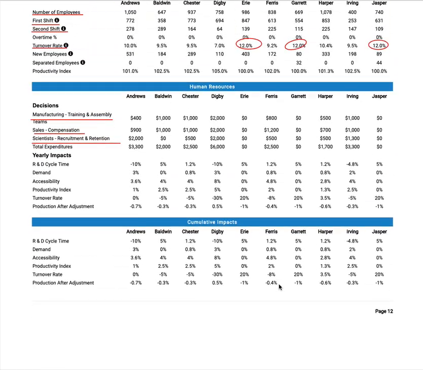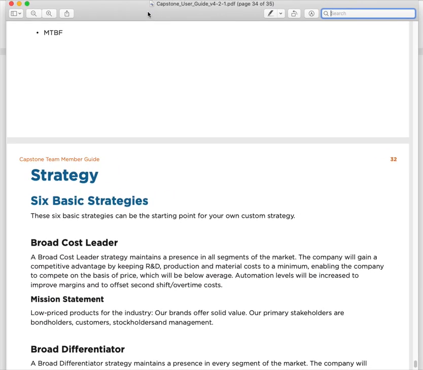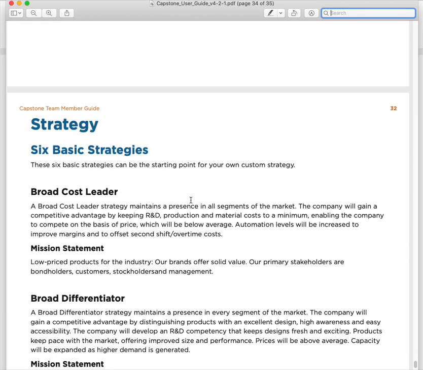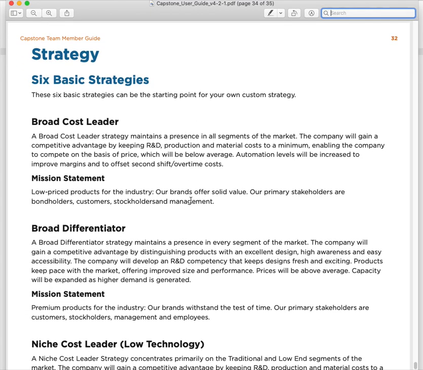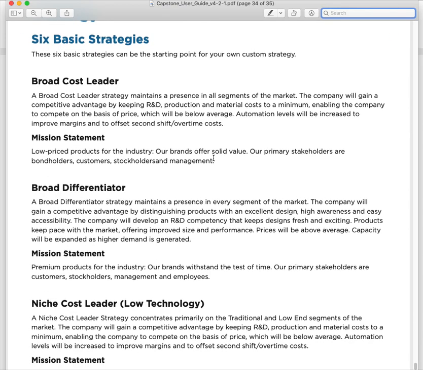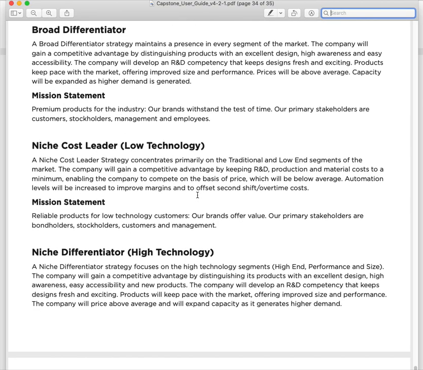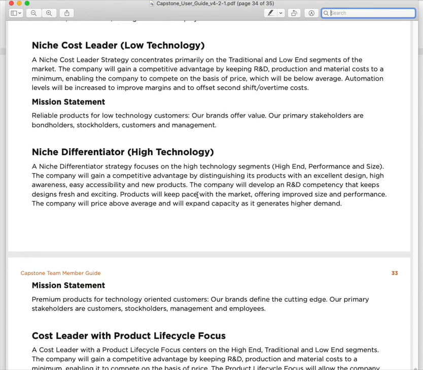Okay, so lastly, I would recommend you guys read the member's guide about the Capstone one more time. I especially want to emphasize page 33 and beyond, which covers the strategies. There are 6 basic strategies your team can focus on, like broad cost leader, broad differentiator, niche cost leader, niche differentiator, and so on.